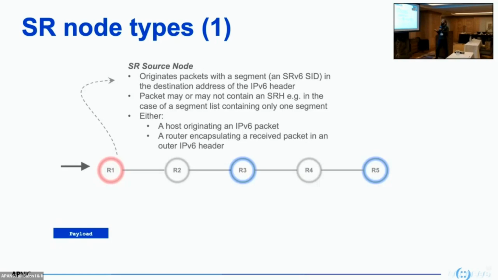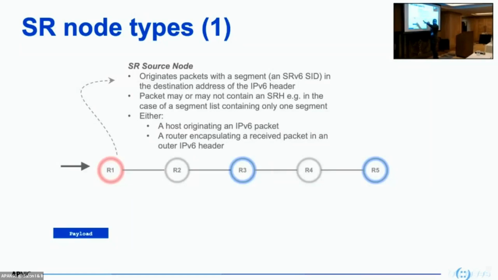The source node's job is to look at the payload and look at the destination. Because it's quite similar to source routing, R1 will decide which node I'm going to go through. Now here comes the SDN. If I had a controller, the controller will tell R1, you have to go via R3 and then via R5 in order to take the path that the network admin wanted. But here, just to visualize, let's say R1 has been instructed by the network admin to touch R3 and then go to R5.